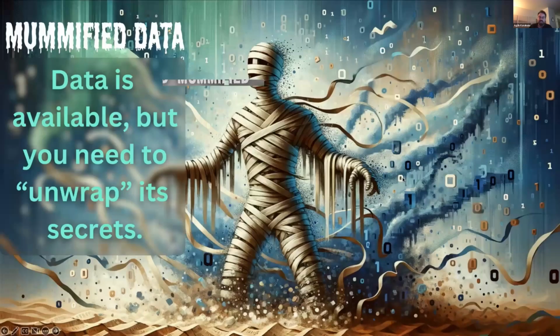And mummified data is data that you can find, but you need to unwrap it in many different ways to see what's underneath. Again, unless there is really good documentation that is aware of both the article context and the code that uses that data, it is going to be undead as well.